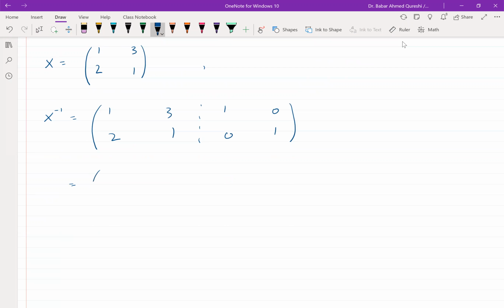So 2 times the first row added below: minus 2 plus 2, 0, minus 6 plus 1, minus 5, minus 2 plus 0, minus 2.